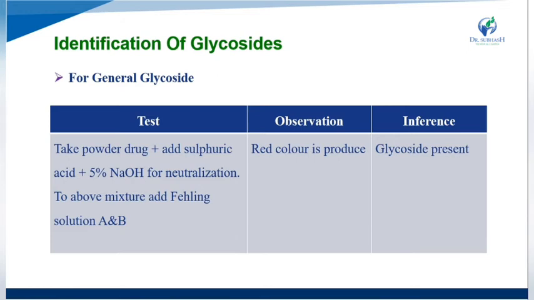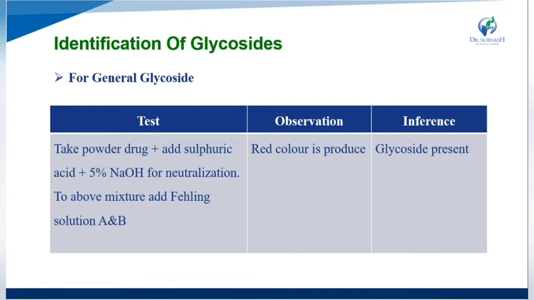In this test we take the powdered crude drug, add sulfuric acid, which makes the solution acidic, and then add 5% NaOH for the neutralization process.